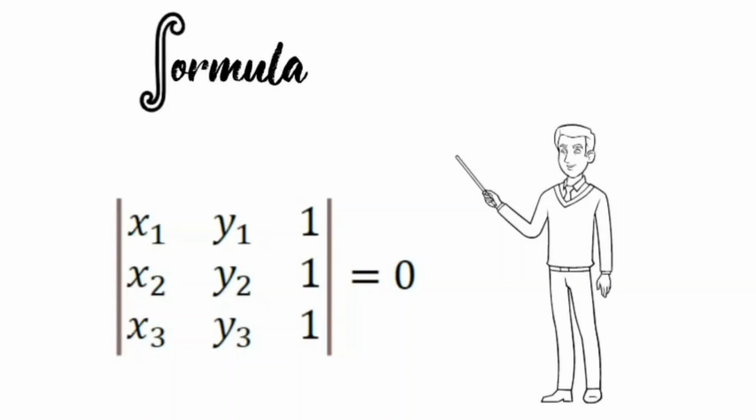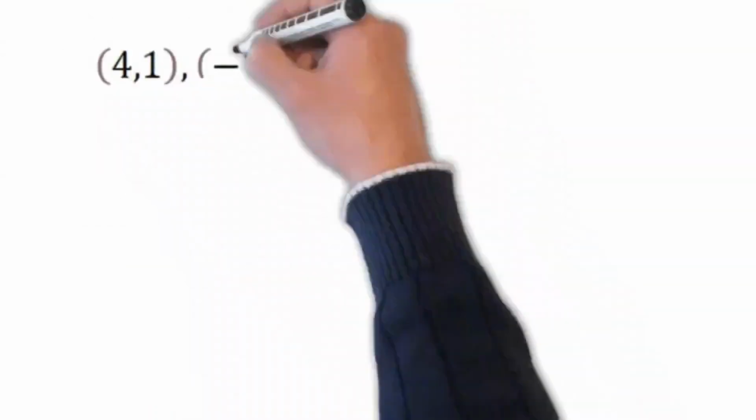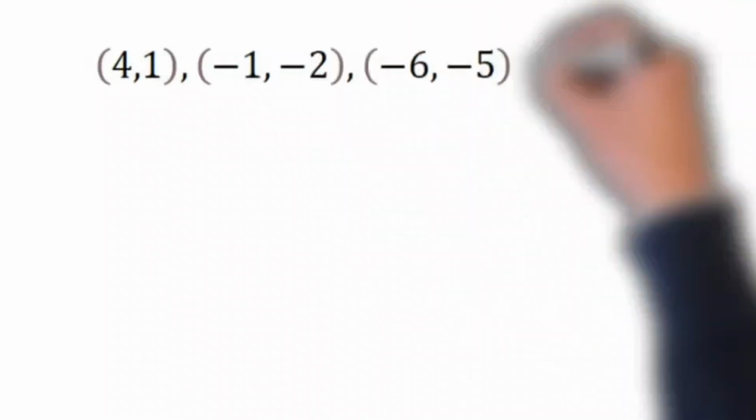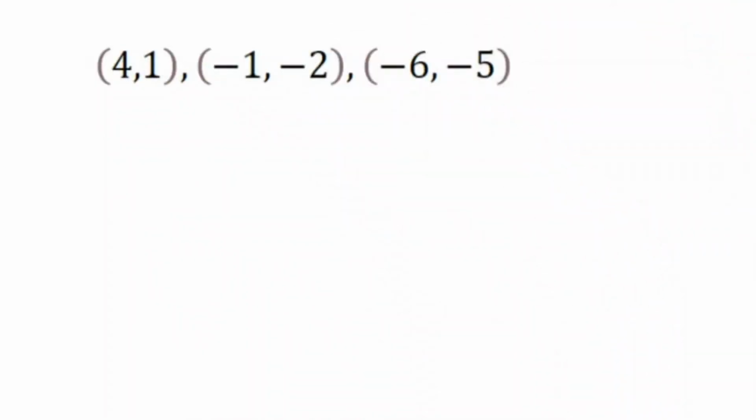So let's go ahead and use this real quick and look at an example. We're given these 3 points here. We just want to test for collinearity. We have 4, 1 for the first point, -1 and -2 for the second point, and -6 and -5 for the third point. Do they lie on the same line?